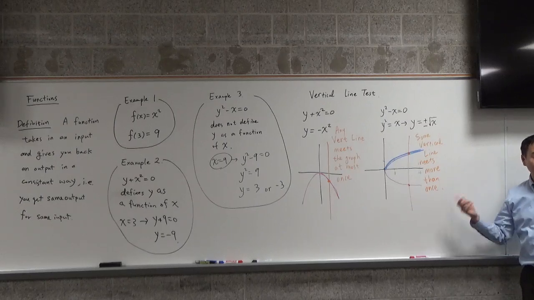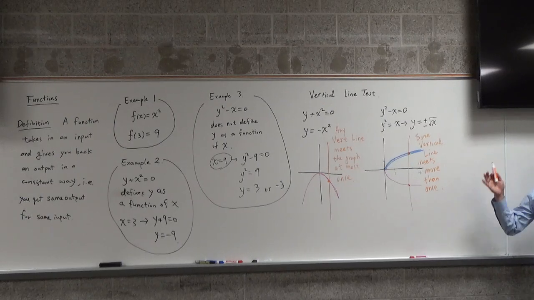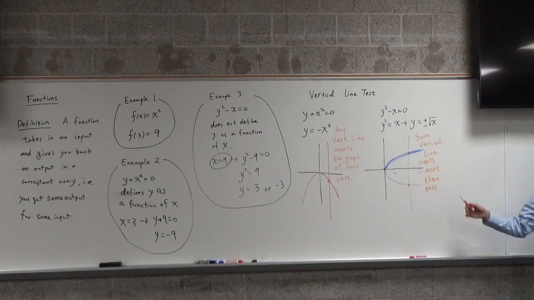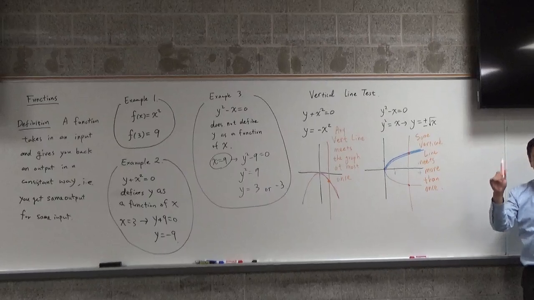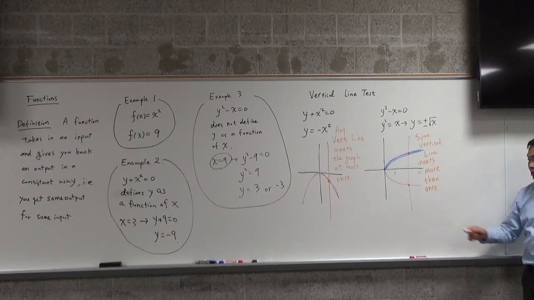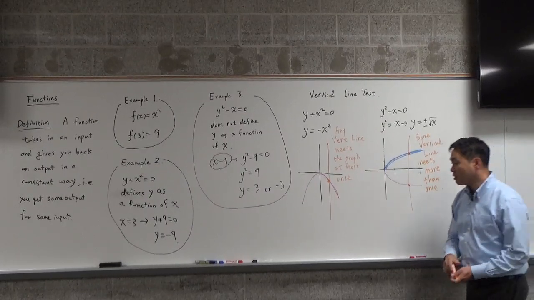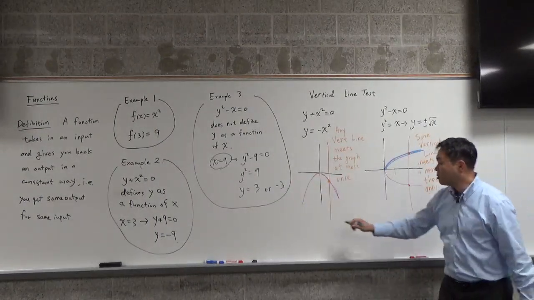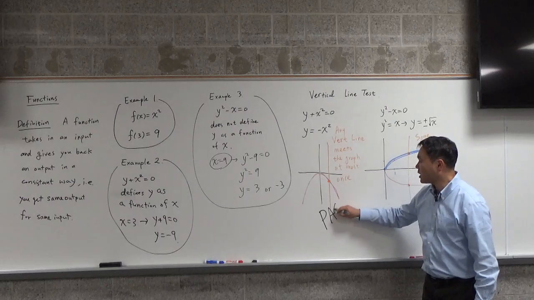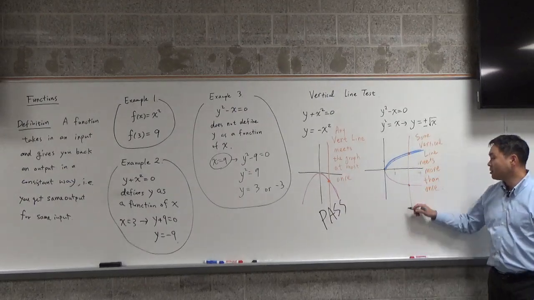It could be twice or three times, I don't care. If it's more than once, and if one such vertical line exists, then we immediately say that the graph fails the vertical line test. So over here, this is a pass. Over here, it's a fail.